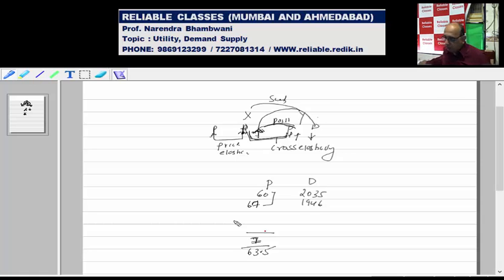Next one, what is the change in demand? 2035 minus 1946, so 89 is the change in demand, out of the average of 2035 plus 1946 divided by 2. How much do you get? 1990.5.